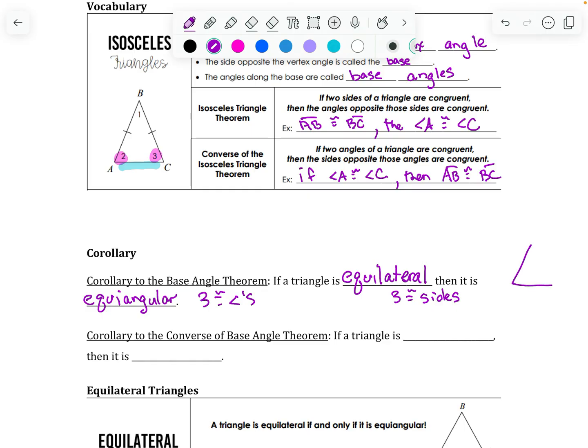Okay, and we've seen that. So we remember we've got our equilateral triangle, so we also know all three angles are the same. And the corollary to the converse of the base angle theorem says that if a triangle is equiangular, then it's also equilateral.